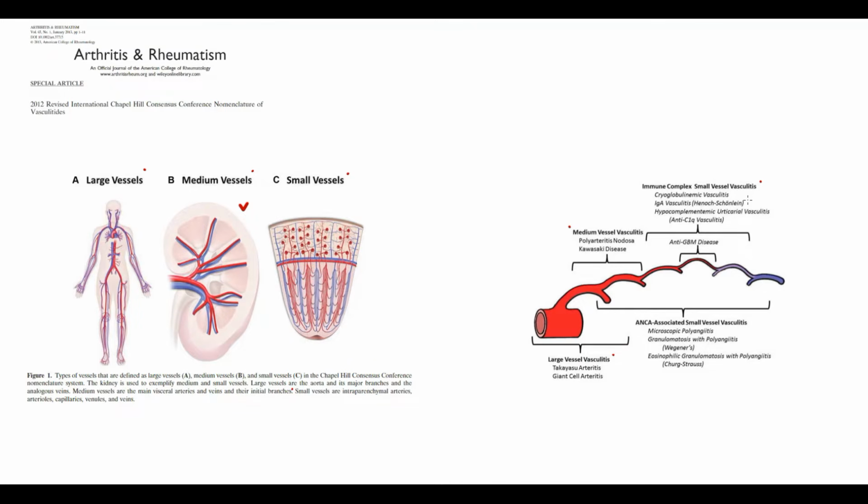In addition to this, some vasculitis are associated with ANCA and some are not. It turns out that polyarteritis nodosa affects mostly medium-sized arteries, and this vasculitis is not associated with ANCA. So these two features help us in differential diagnosis.